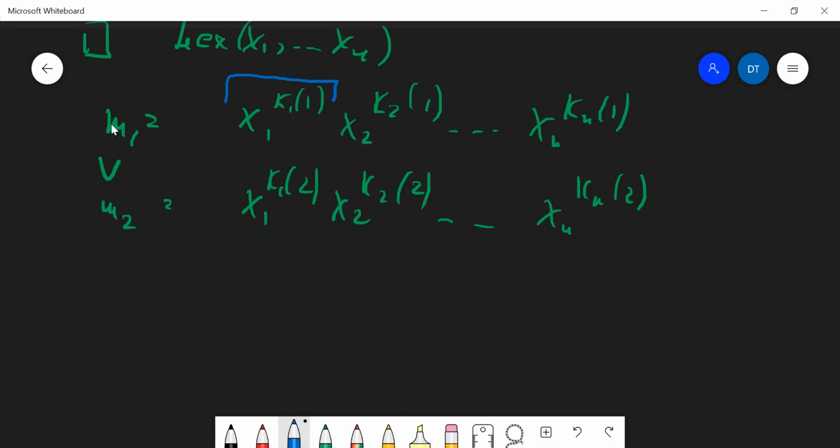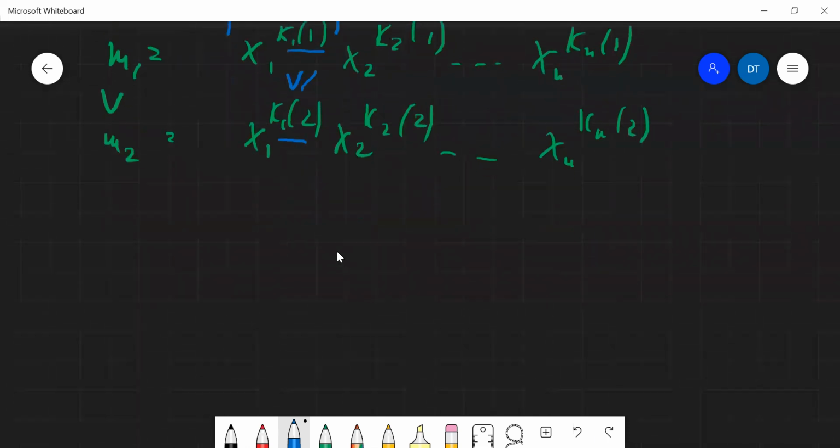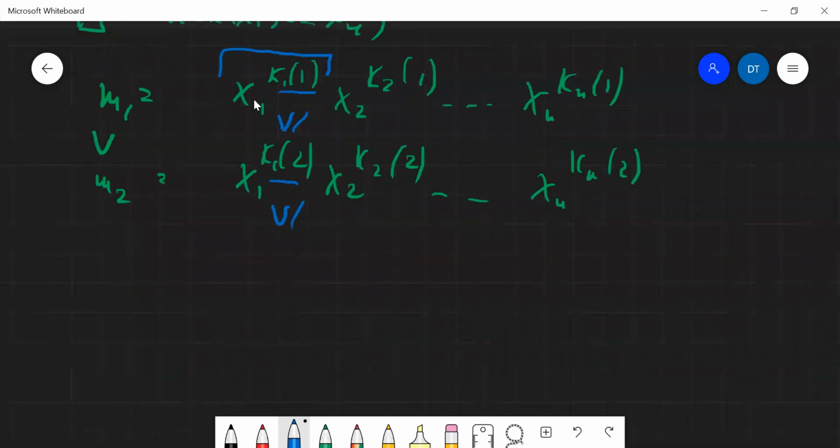But this is not the case. M1 is strictly larger than M2. So we have only two options for these two powers. Either they are the same, or this power is strictly larger than this one. So in any case, the powers are compared in this way. Similarly, if we consider the next monomial, we have exactly the same comparison for the powers. So the powers of x1 must go in a descending order.